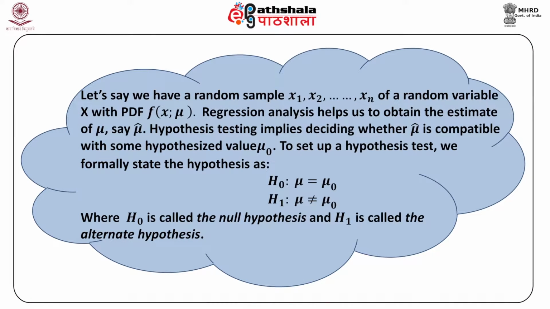Fitting the regression line is only the first and a very small step in econometric analysis. In applied economics, we are generally interested in testing the hypothesis about some hypothesized value of the population parameter. Let's say we have a random sample x1, x2 to xn of a random variable x with PDF, or probability density function, f(x; mu).